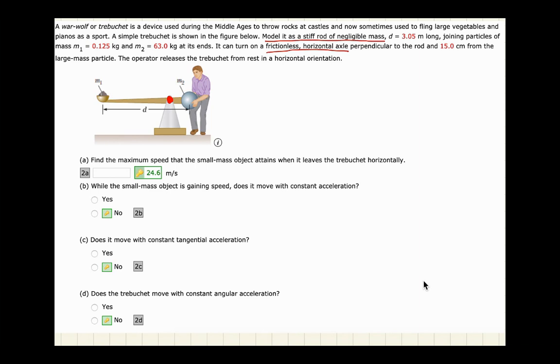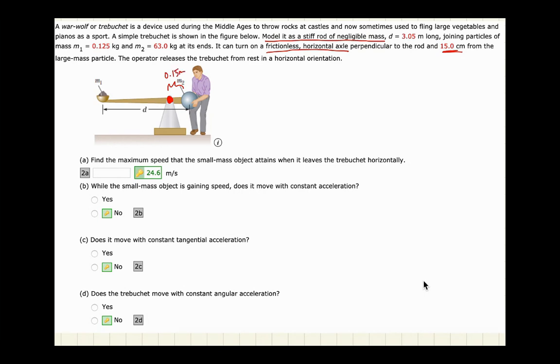We can also say that we can model it as a stiff rod of negligible mass. So the actual rod connecting these two has no mass of any significance, meaning that it has no contribution to rotational inertia. The last thing we're told is that the large mass is just 15 centimeters from the fulcrum. So we know this distance is 0.15 meters.